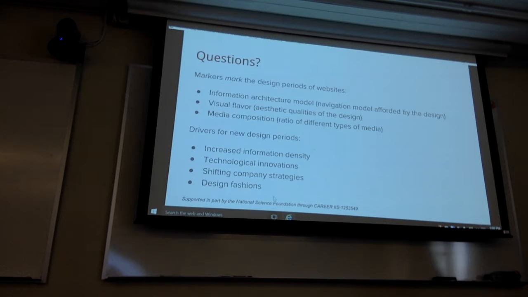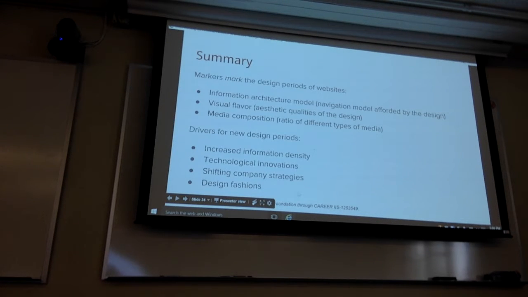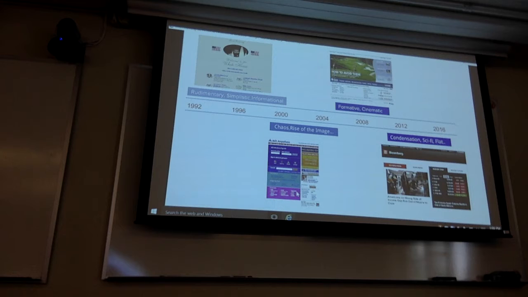Can you maybe show the 4 categories again? Okay. So I think he's wondering if you see a 5th generation emerging right now, because of the recent trend towards a really big single image or single video that fills the whole screen.